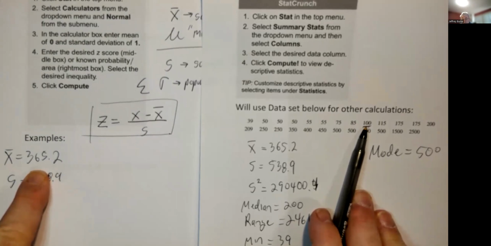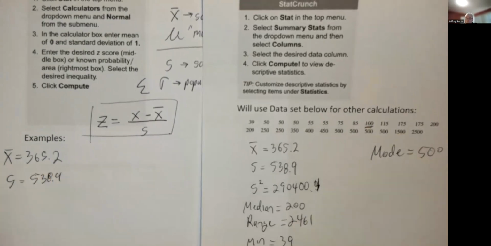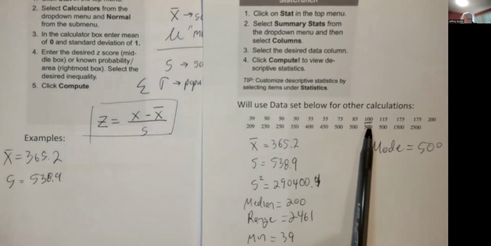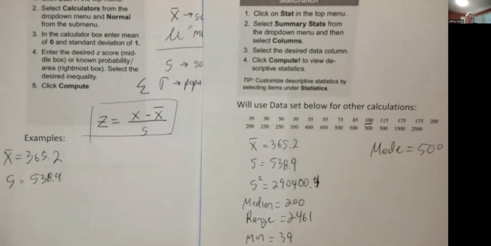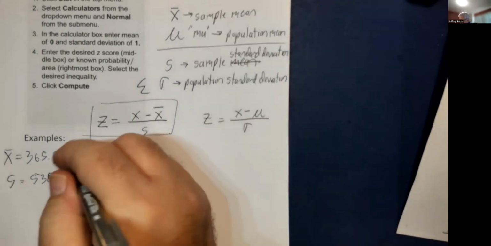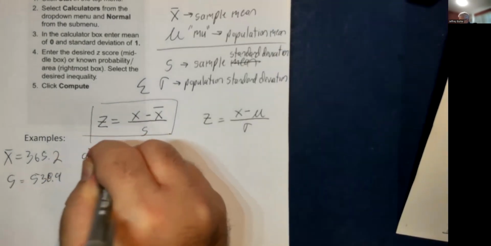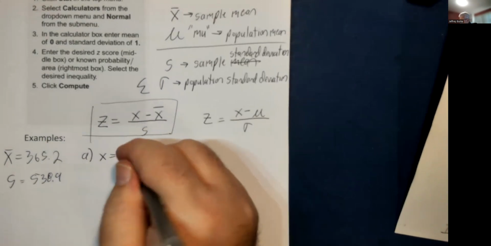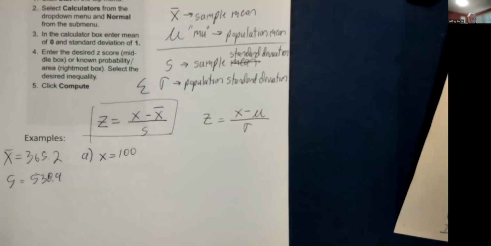And since 100 is less than the mean value, we're going to expect that that z-score is going to be negative. Because anytime we have an x value that's less than the mean, it should generate a negative z-score. So for example, A, I'm going to let that random value of x be equal to 100. And what I want to do is convert that to a z-score relative to the data.